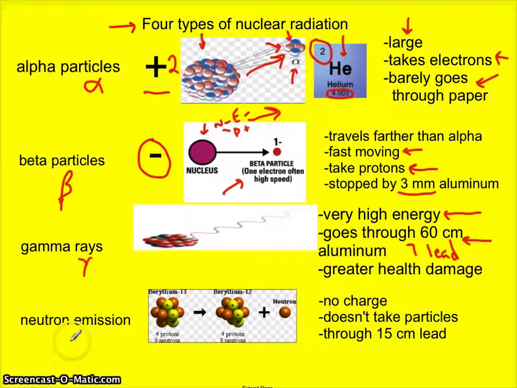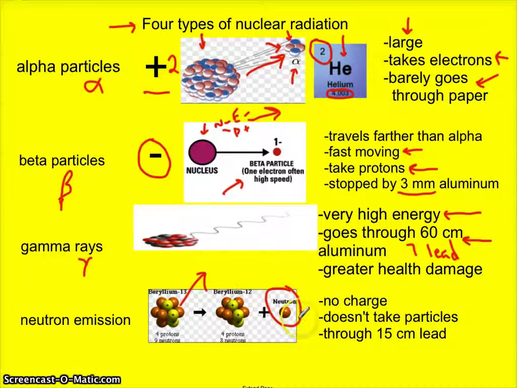Another one is neutron emission. Now, you probably can figure out what's happening here. With alpha particles, it's sending out protons with the neutrons. Beta particles, it's sending out electrons. Neutron emission, of course, is sending out a neutron. So what's happening here, like this beryllium-13, it sends out a neutron and it changes to beryllium-12, and there goes the neutron. So what effects does that mean?